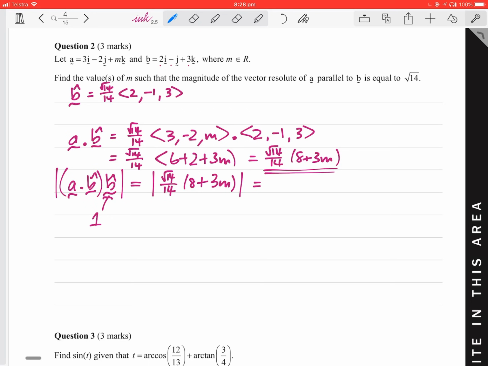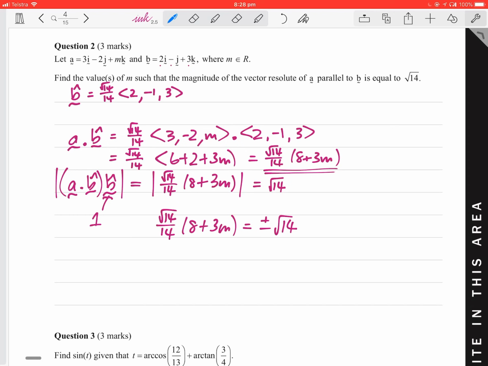That equals root 14. Now, with magnitude signs around the outside, when we undo the magnitude, we put plus or minus on the other side. So I get root 14 on 14 times (8 plus 3m) is plus or minus root 14.